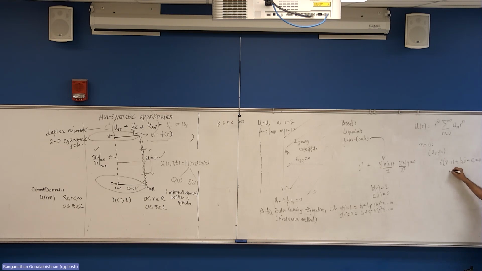So you're going to get nu squared equal to 0. That's correct. Right, nu squared equal to 0. Correct, just make sure.